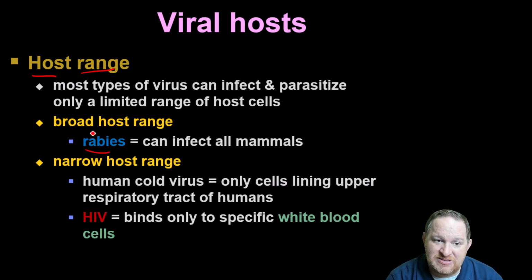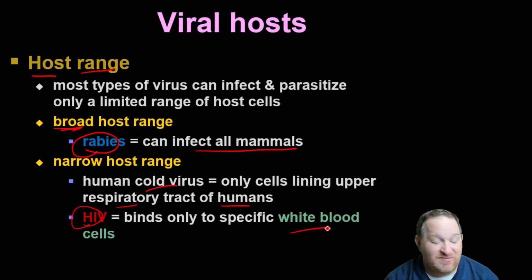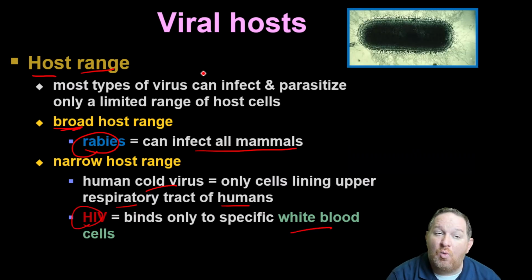Rabies has a broad host range and can affect all mammals, so dogs and humans can both get rabies. Some are narrow. The cold virus only likes the human respiratory tract. HIV only likes specific white blood cells. While these viruses have different ranges, they very often specialize.